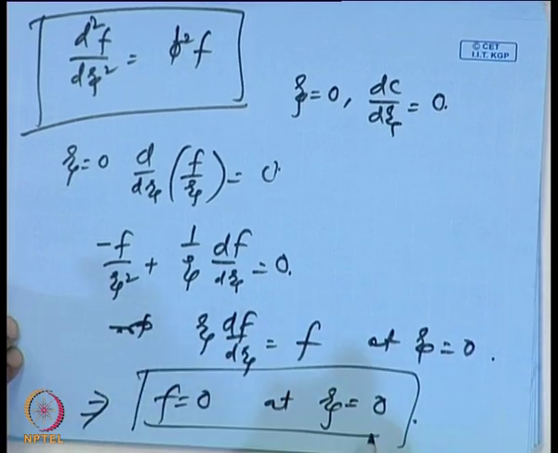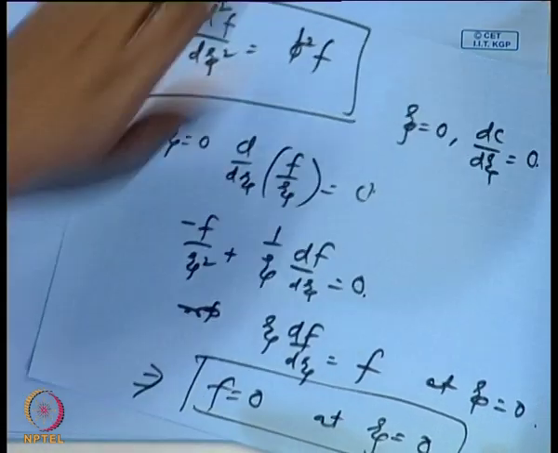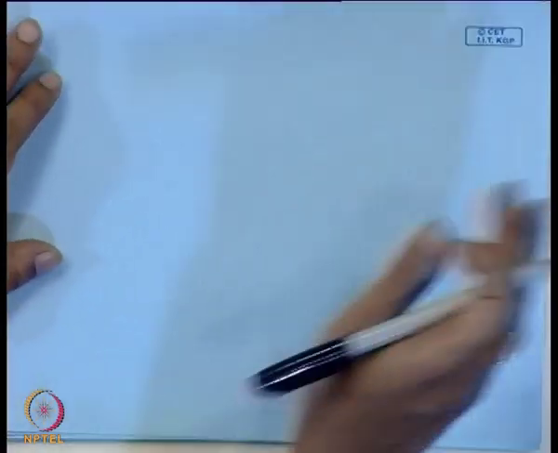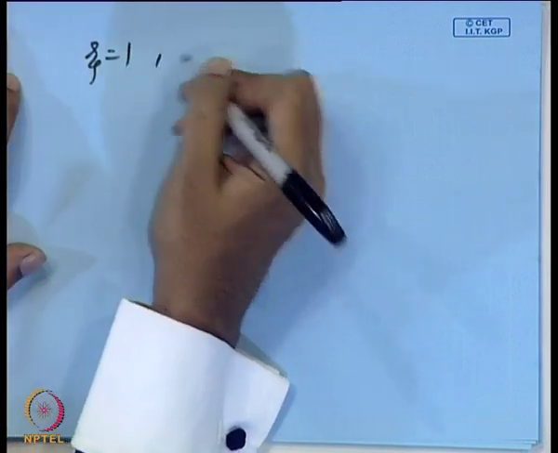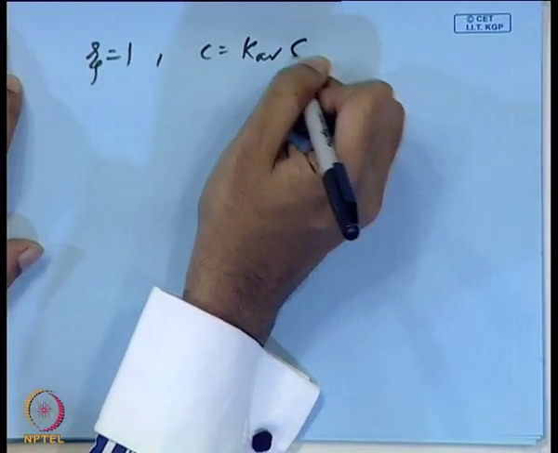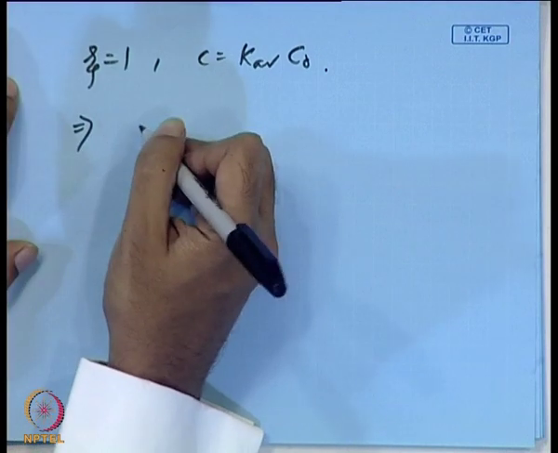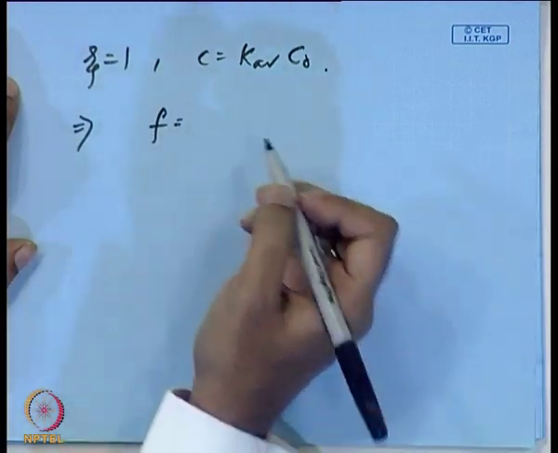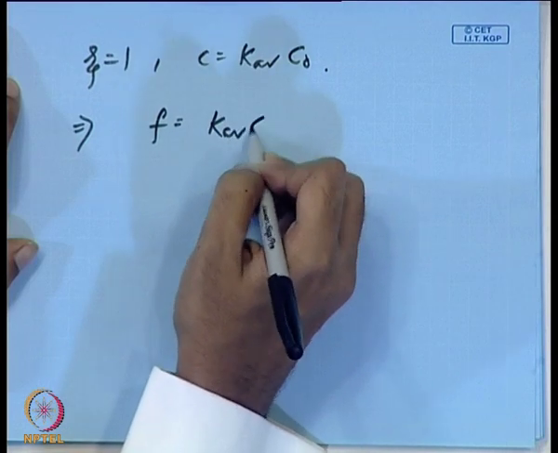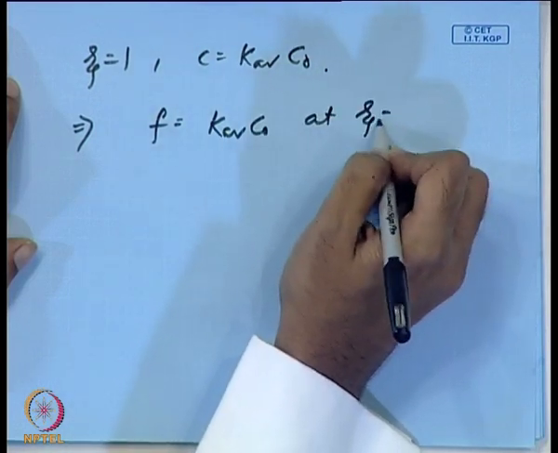So this you get your first boundary condition. The second boundary condition is, what was that? Psi equals 1, C equals kV C naught, which means that F equals again the same kV C naught at psi equals 1.